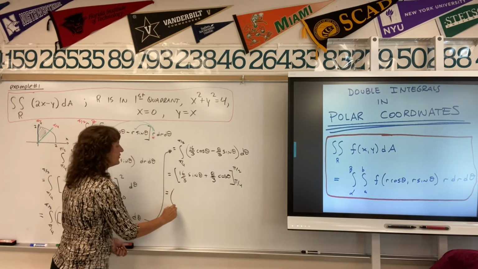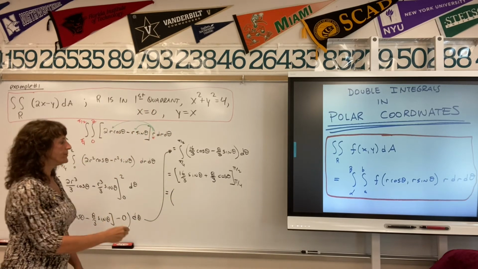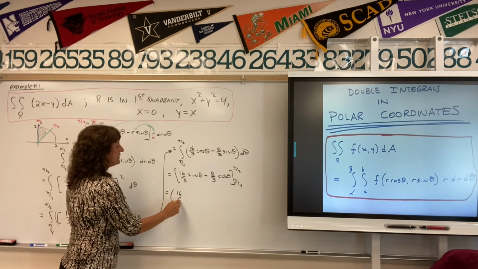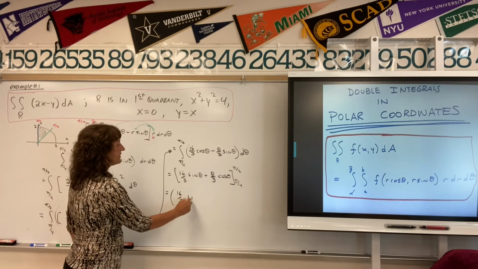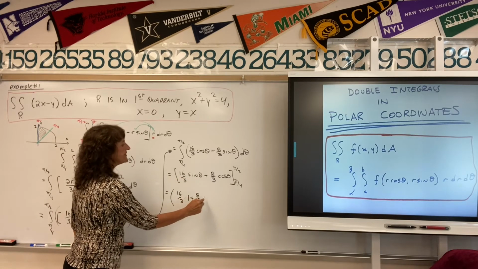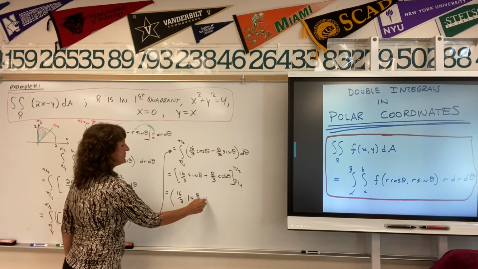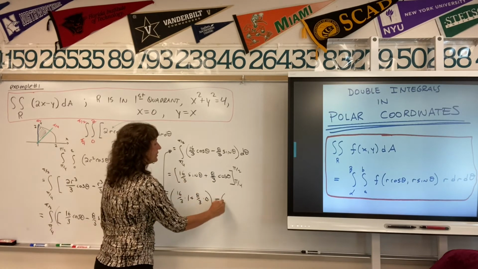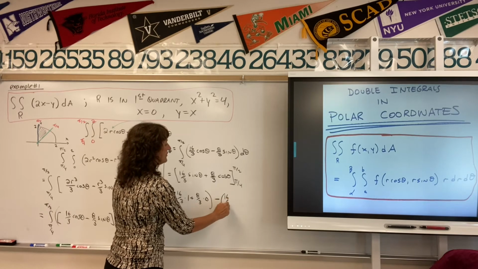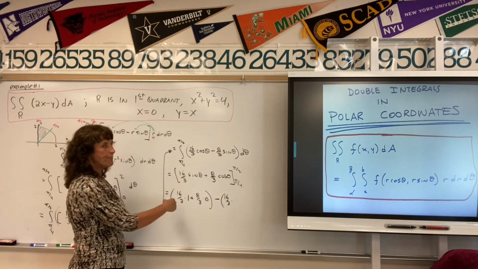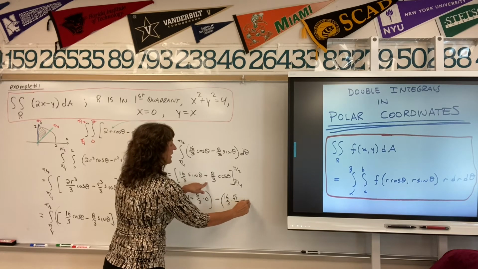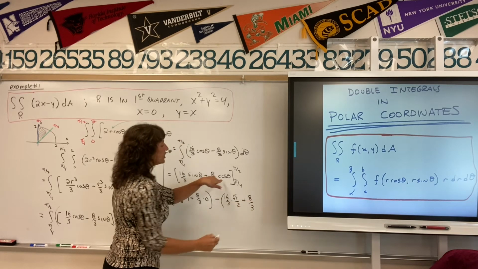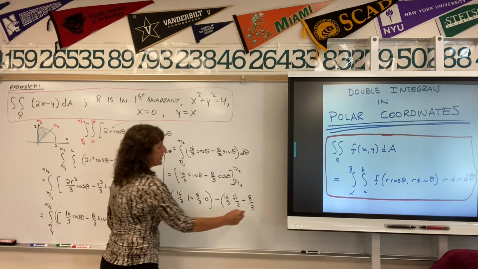By the fundamental theorem of calculus, plug in the upper bound: 16/3 times the sine of pi over 2, which is 1, plus 8/3 times the cosine of pi over 2, which is 0. Then plug in the lower bound: 16/3 times the sine of pi over 4, which is radical 2 over 2, plus 8/3 times the cosine of pi over 4, which is also radical 2 over 2.